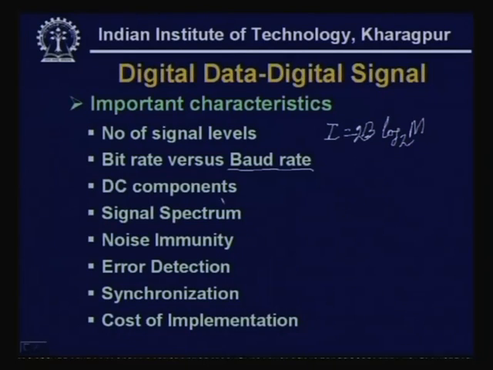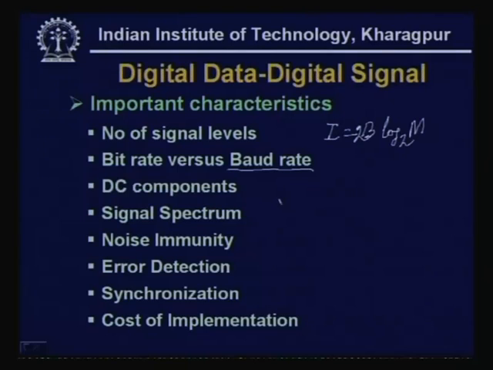Then comes the question of DC component. As we know, whenever we try to send a signal through a transmission media, it is difficult to send a DC signal because of the presence of transformers and capacitors in the equipment through which we are sending the signal.